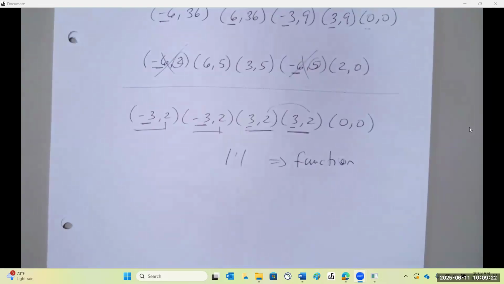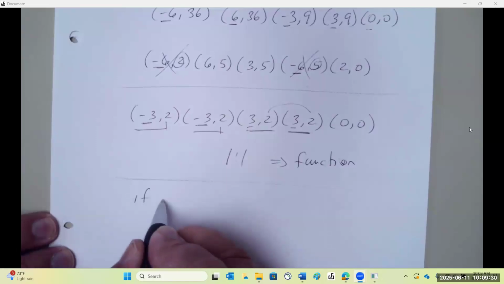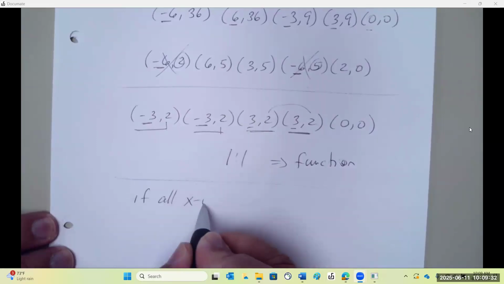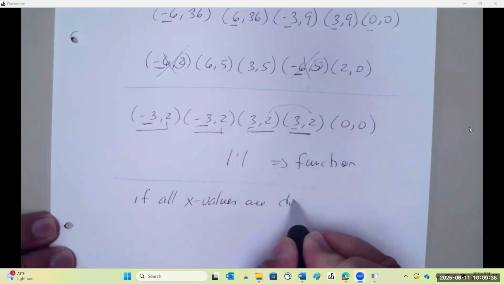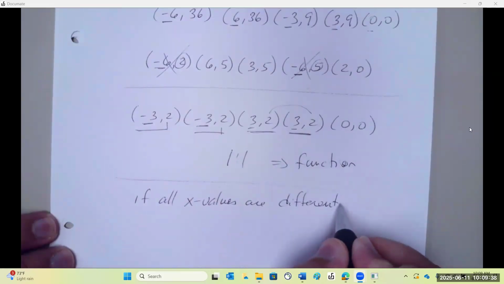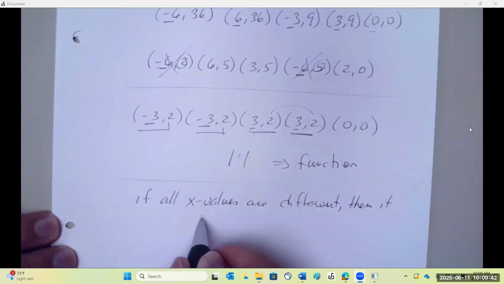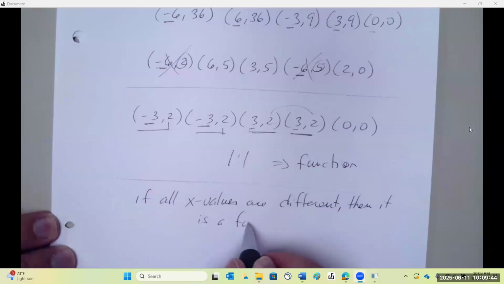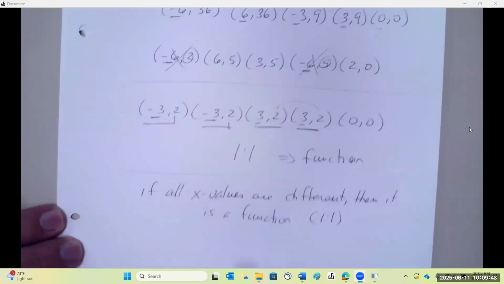If the x's are different, it's automatically a function. If all x values are different, then it is a function. It is one-to-one.